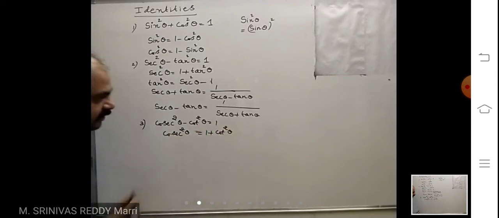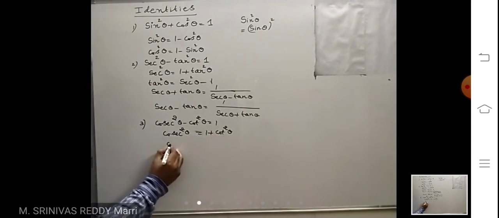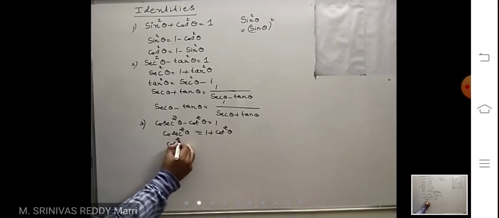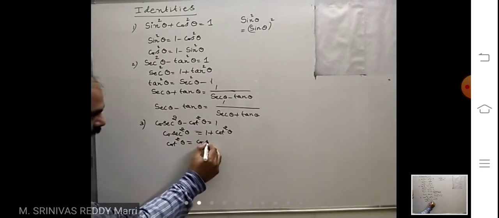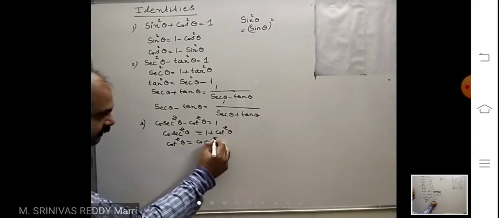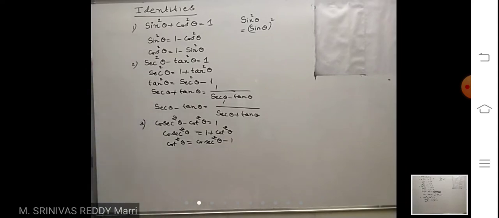That means if you want to write cosecant square theta in terms of cot, that is 1 plus cot square theta. If you want to write cot square theta, this is nothing but cosecant square theta minus 1.